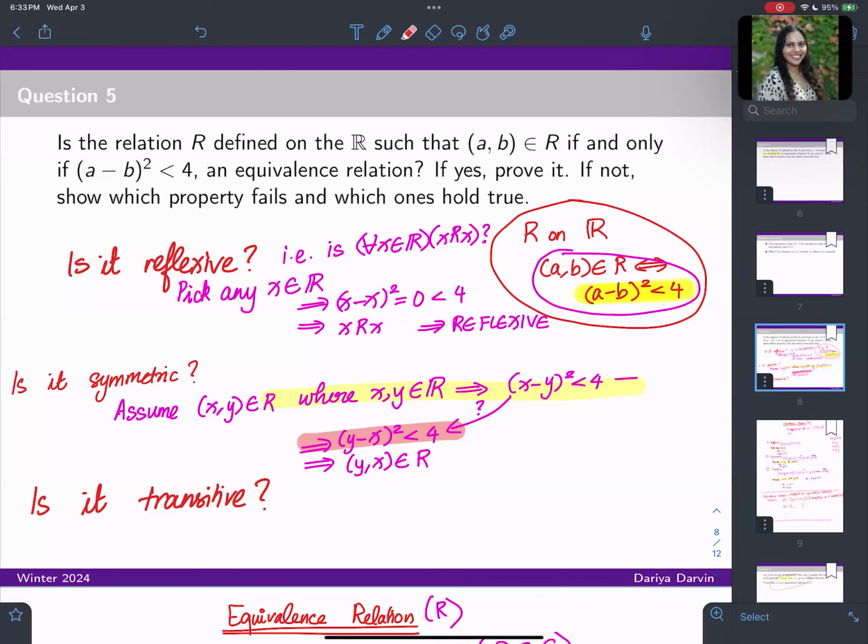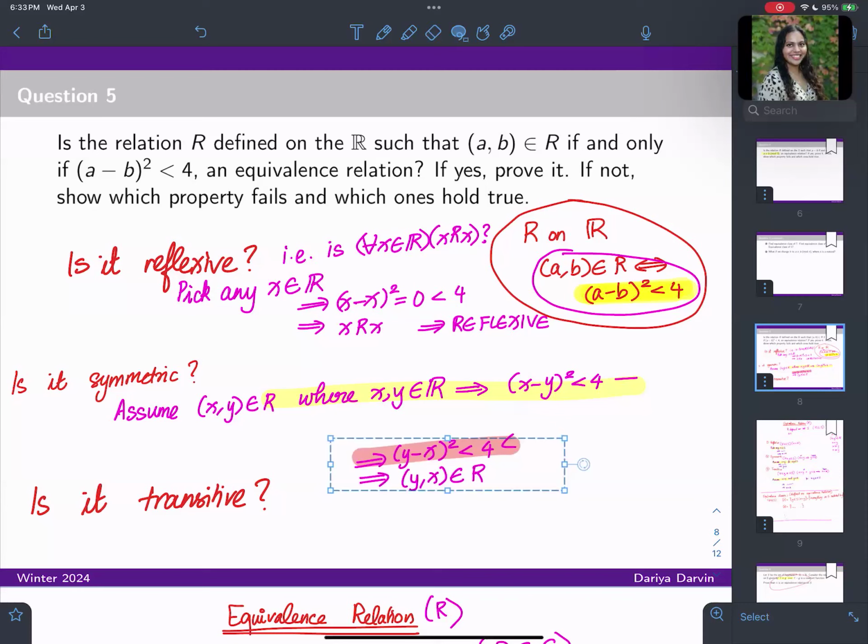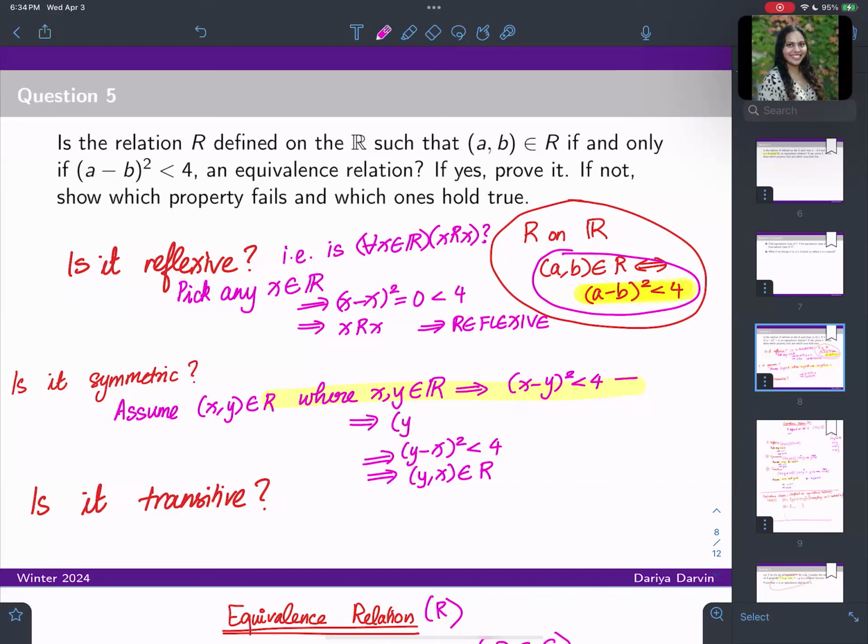This is like grade 2, grade 4 math. The first time you learn squares, you learn the answer to this question. What's the relationship between x minus y squared and y minus x squared? The squares of negative numbers are the same.